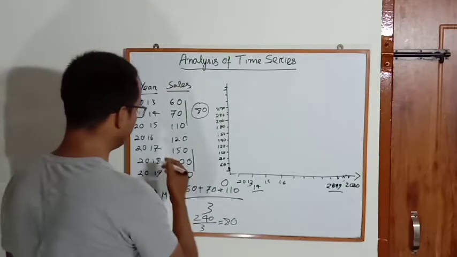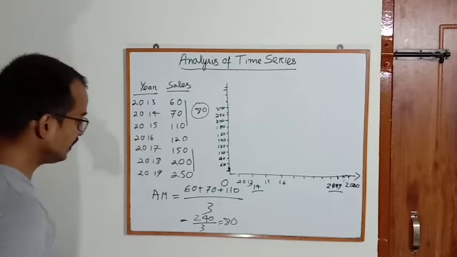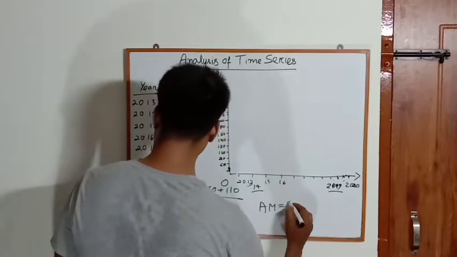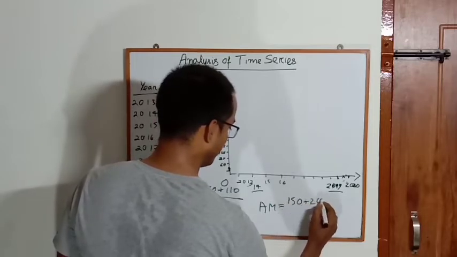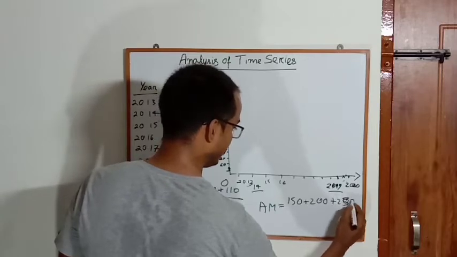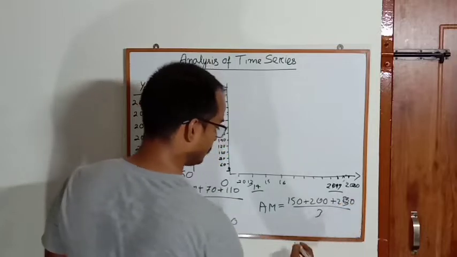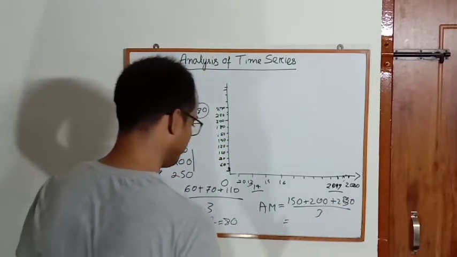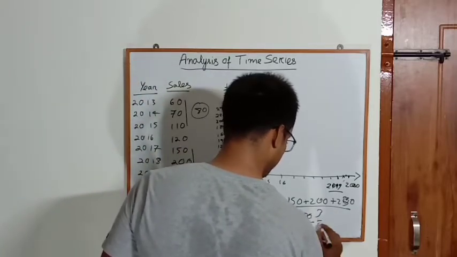And the second part, here the average you have to find out: 150 plus 200 plus 250, I think, by 3. 600 by 3 and this will be 200.